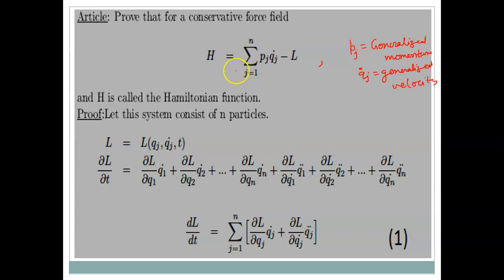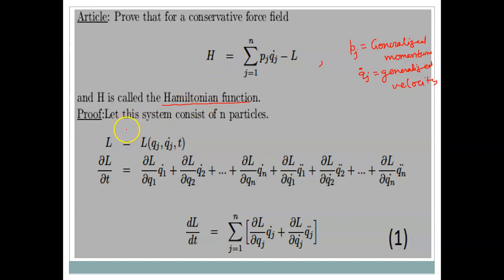Okay, so you have to prove this expression, that this quantity will be equal to H, and here H is called the Hamiltonian function. In fact, this whole quantity will be equal to some constant, and this constant will be called the Hamiltonian.